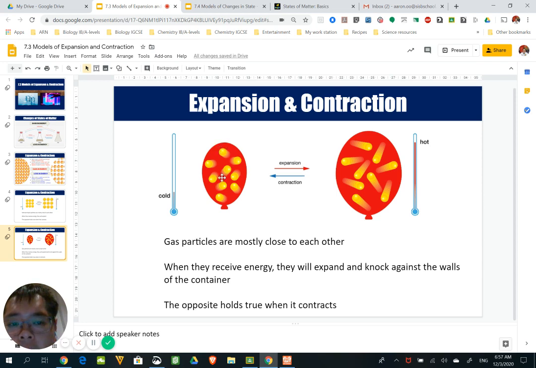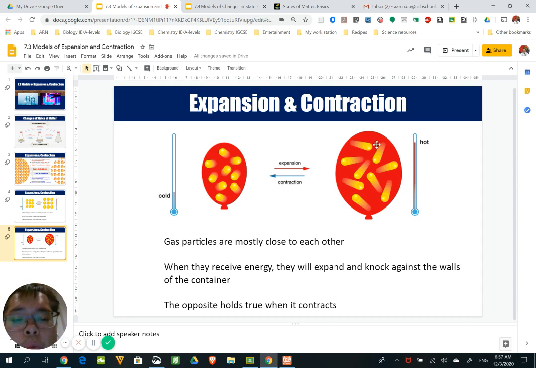Once they knock against the walls of the container, they will gain more energy, and therefore they will expand. But remember, for the gases here, there will be a limit and there will be a point of breaking. So when it breaks, it will burst basically. And of course, your gas particles are released.